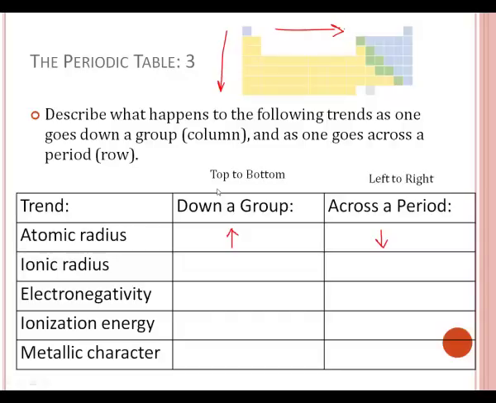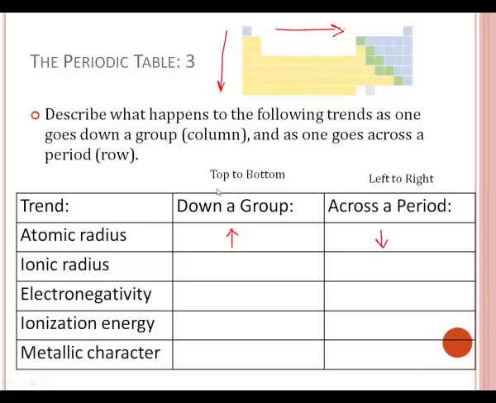The next trend we're going to talk about is ionic radius, and that's just the radius of an ion, which is a charged particle. So there's two types. There's cations, which are positive, and there's anions, which are negative. Now, whenever we form a cation, we're taking away an electron. Electrons are negative, so if I take away a negative charge, I'm going to be left with positive charge.